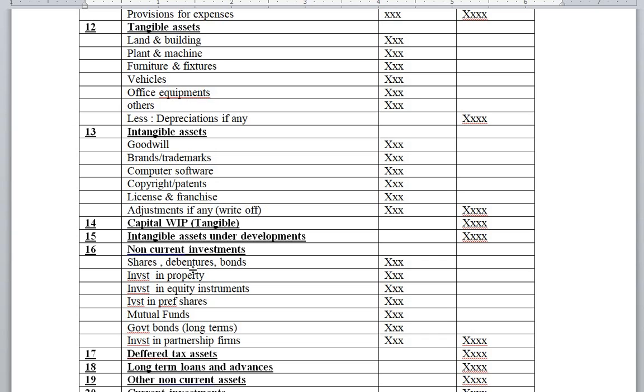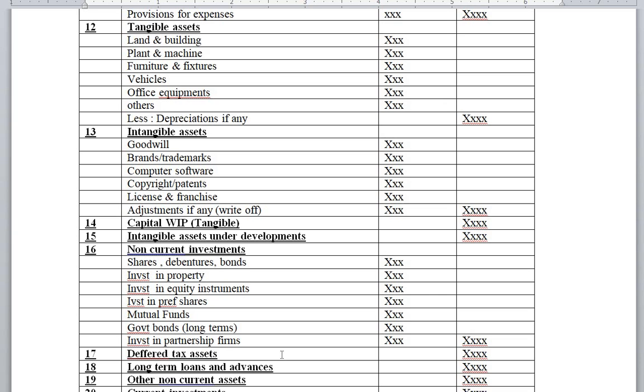If there is any investments which is non-current, which is not to be paid immediately, like shares, debentures, bonds, or investment in any kind of property or equity instruments, or preference share, or mutual funds, investment in partnership firms. So any kind of investment which is outside your organization other than your own firm, all those kind of investments will come under non-current investment and take the total of the non-current investment, post it back in the balance sheet.